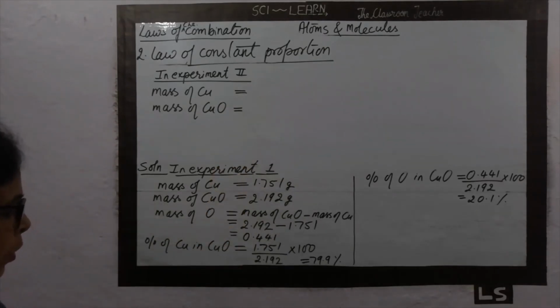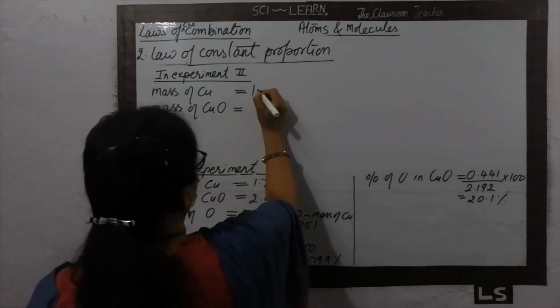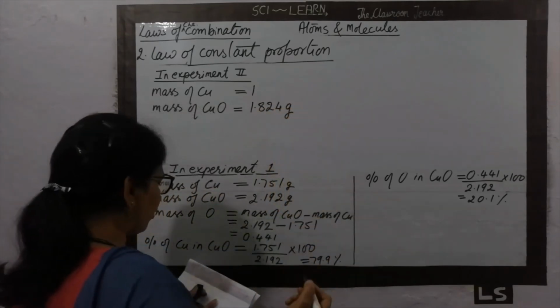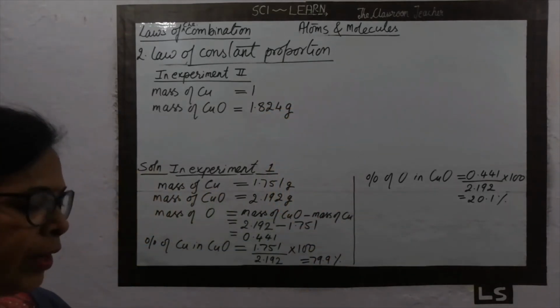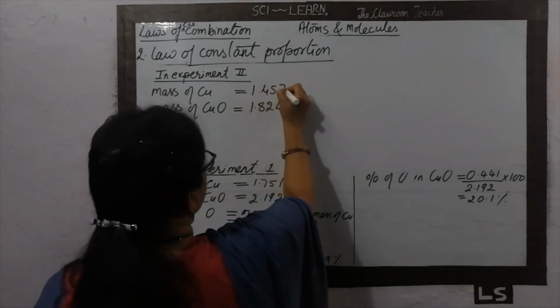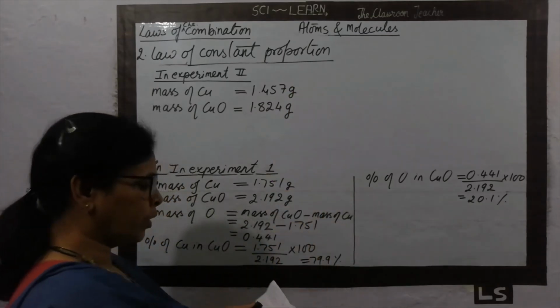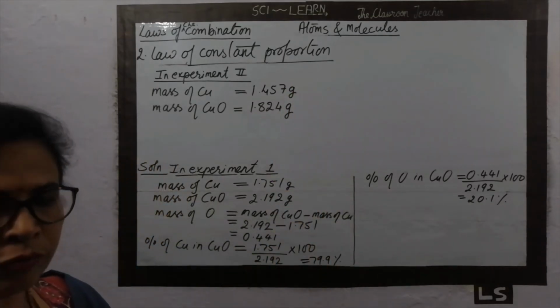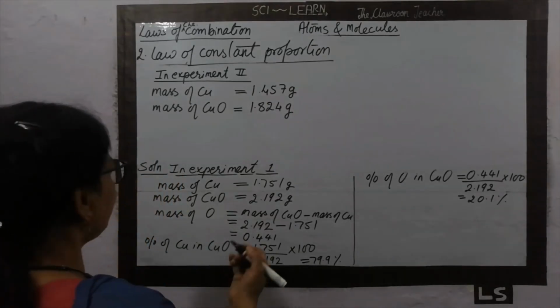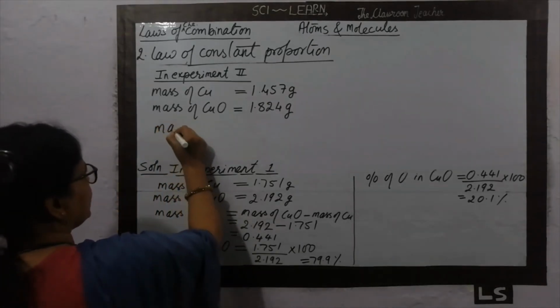In another experiment, 1.824 gram of copper oxide on reduction gave 1.457 gram of copper. Okay, you have to verify the law of constant proportion.